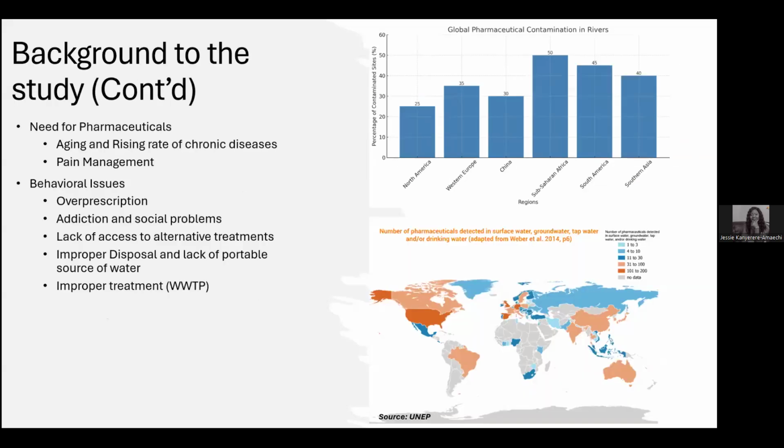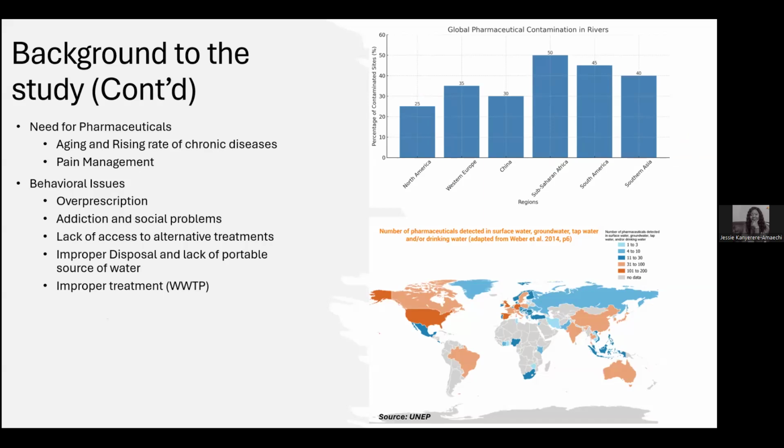Apart from that, when we look at pharmaceuticals, with aging and rising rates of chronic diseases, with pain management, there is a need for pharmaceuticals in our environment and in the whole world. However, these pharmaceuticals have behavioral issues.